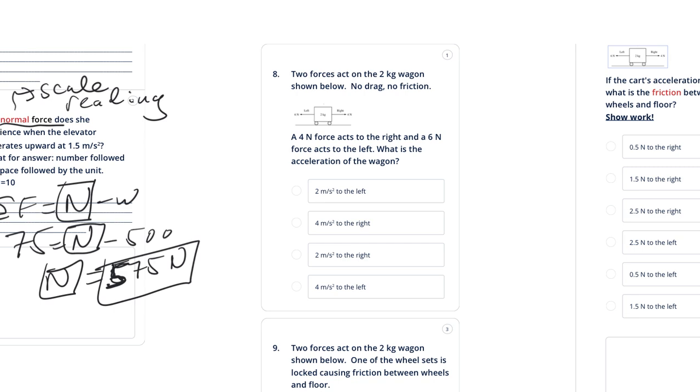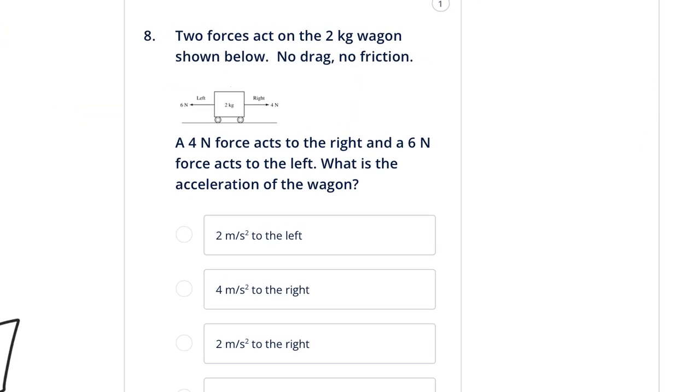Okay, two forces act on this wagon as shown. No drag, no friction. A 4 newton force acts to the right, and a 6 newton force acts to the left. What is the acceleration? Well, I can't find the acceleration unless I have net force or other things. If you want to solve it by kinematics equations, they don't give me anything.